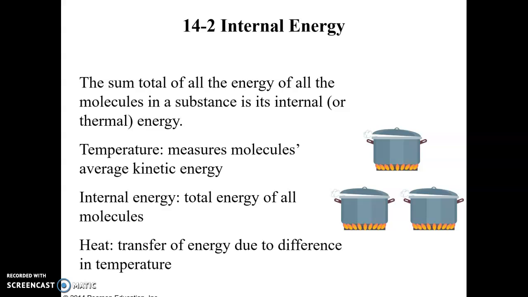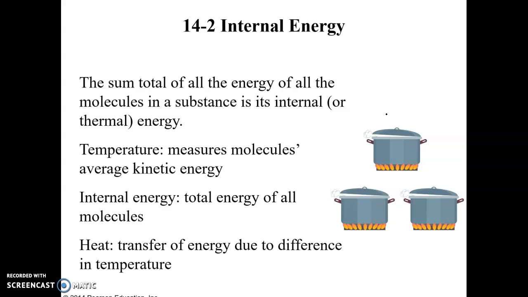So this may seem like a subtle difference, but if we look at internal energy, the sum of all the energy, it is the total energy. The total internal energy is adding up all the energy of all the molecules. So it's different than temperature in that we have three boiling pots of water.